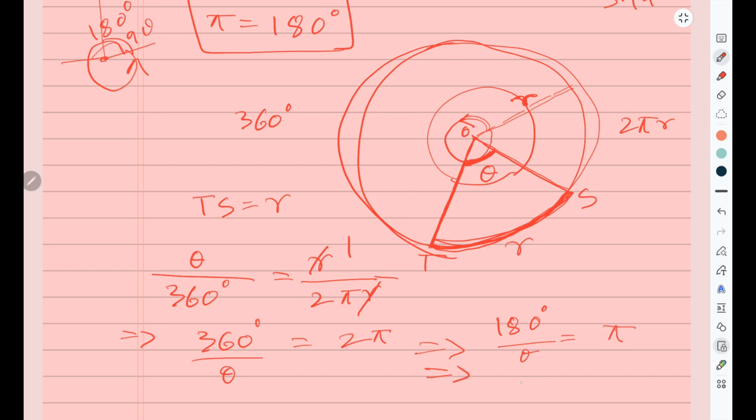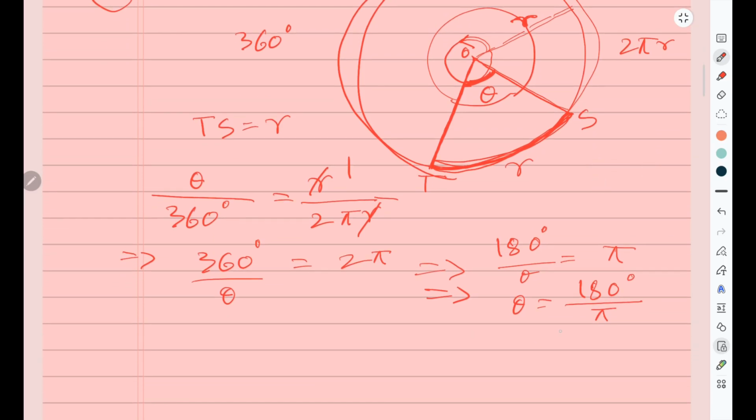It means theta is 180 degrees divided by pi. And how much is pi? We know that pi is 3.14. So this angle theta will be equal to 1 radian. That is the definition of the angle radian.